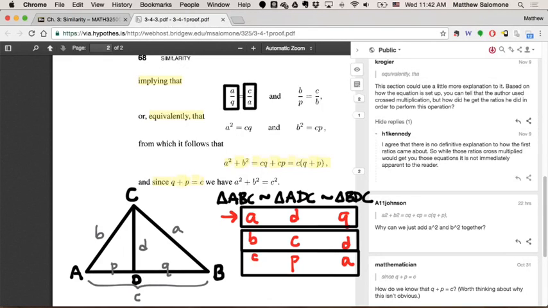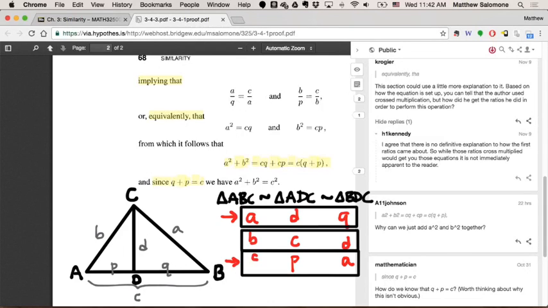But then the author equates that to c over a, and where are those coming from? Yeah, those came from the third row, right? But that's the power here, is we can pick a lot of different ratios to set equal to one another.